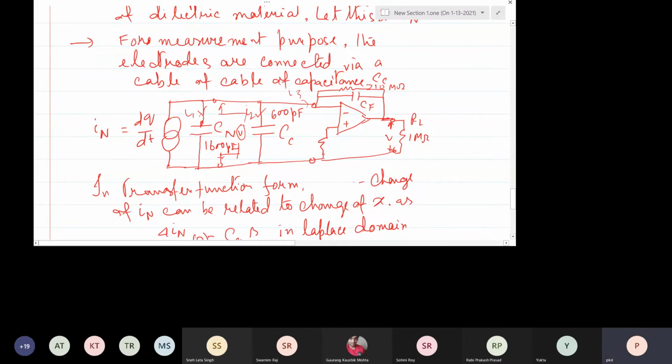That is also possible, but then RL terms will be there. So I3 has to be there.